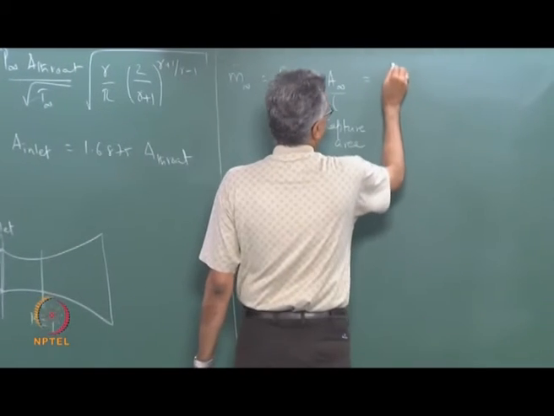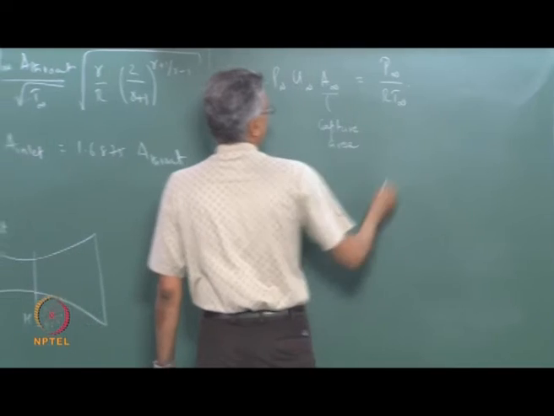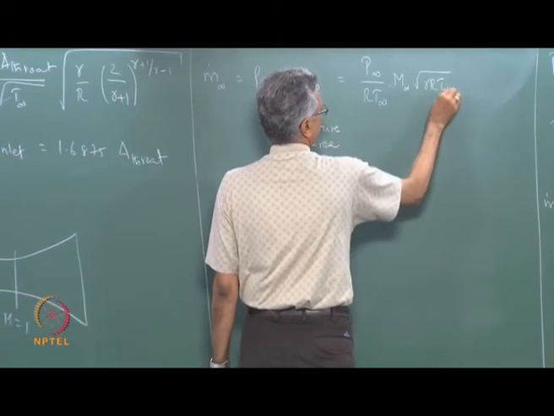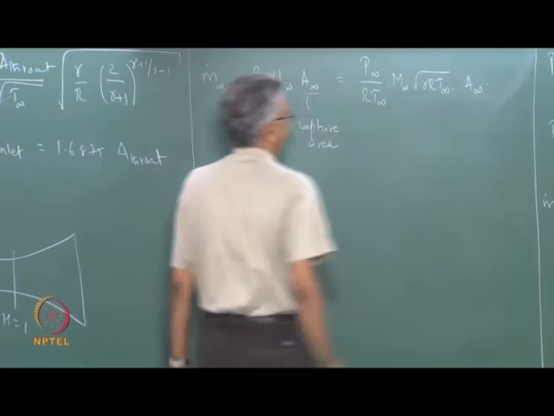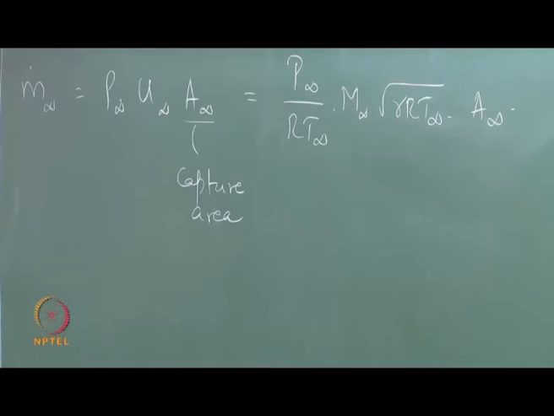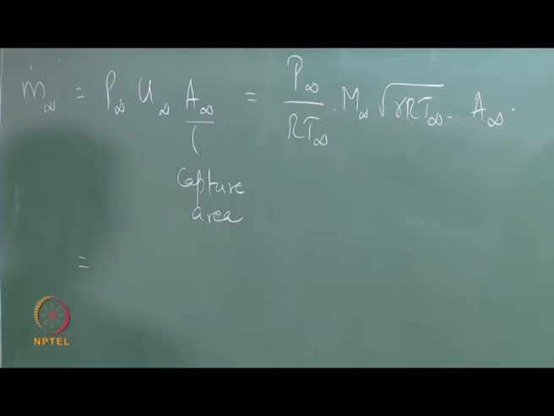So, if I rewrite rho infinity as P infinity over R times T infinity and u infinity as M infinity times square root of gamma R T infinity, this can be simplified to read like this.